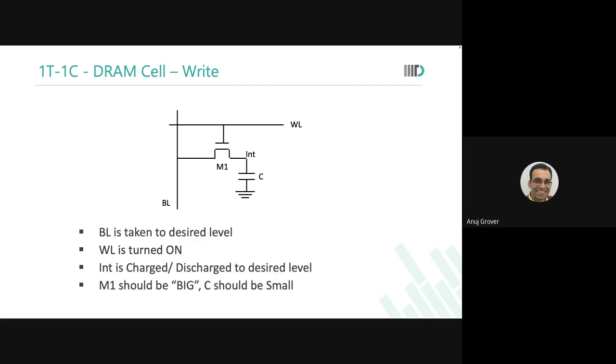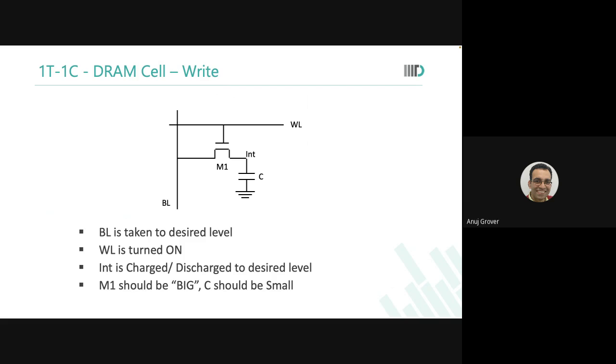And that is where, when it comes to scaling or scalability, DRAMs are not very scalable, because this capacitor needs to be large enough. If the capacitor becomes very small, there is very little charge stored relative to leakage. See, leakage is increasing with every technology, so you need to keep on increasing the capacitor size.